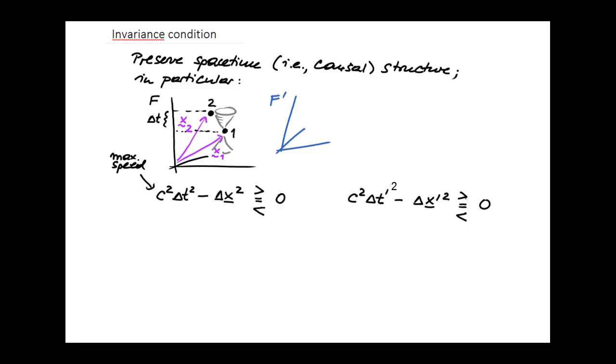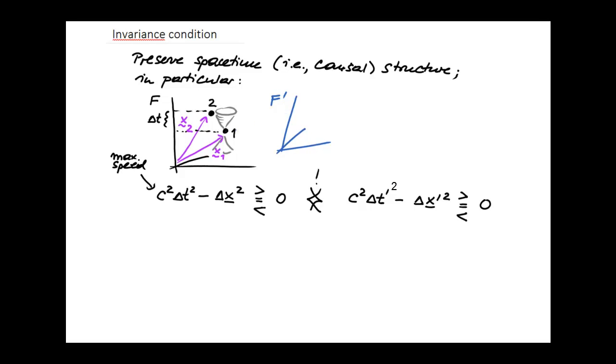Our requirement is that F and F prime observe the same causal structure. Therefore, whenever observer F observes one of these three cases, then observer F prime must observe the same case. So the respective condition on the left-hand side must hold if and only if the respective condition also holds on the right-hand side for observer F prime.